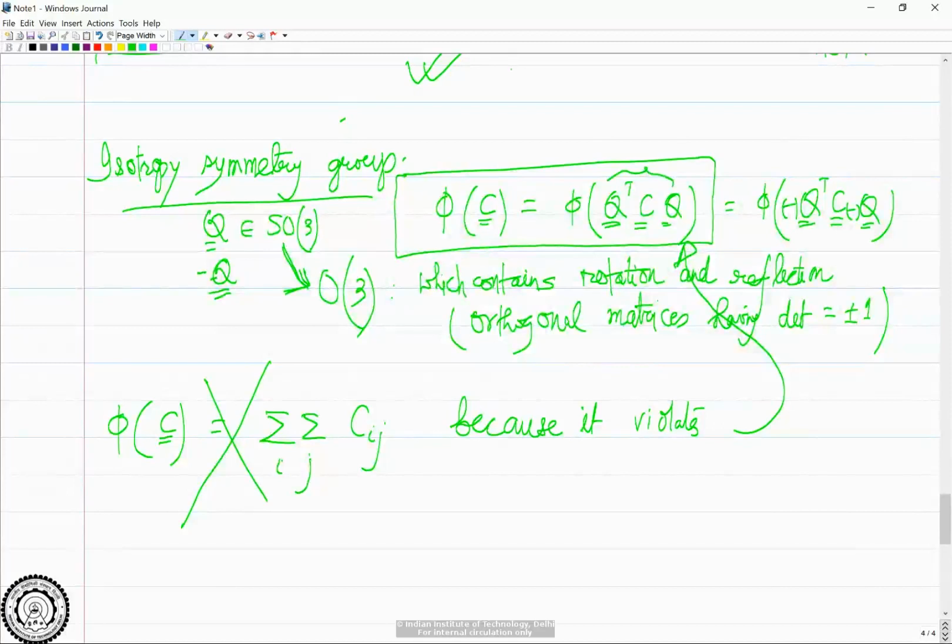So it can only depend on those combinations of C which are invariant under this operation. So we have to find the invariants of C.